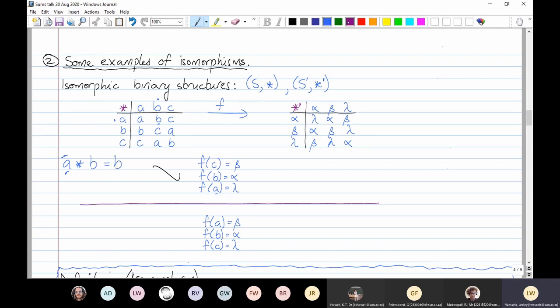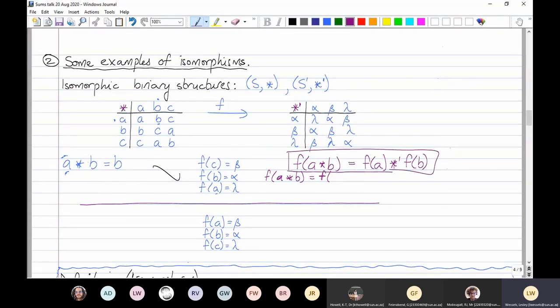So what I would like is for F of A star B, because remember A and B are in S, so it's just star, to be equal to F of A star prime F of B. This is what I would like to happen.